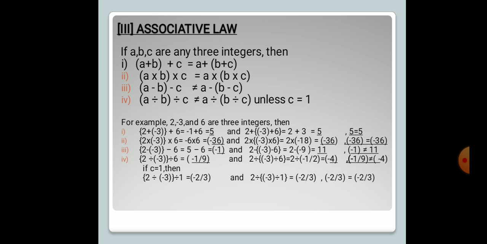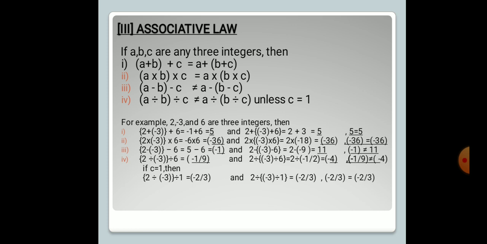We are dividing, not adding: dividing first and second, then dividing by the third one, is not equal to dividing second and third, then dividing the first one by that. They are not equal if c is not 1. Okay, if c is 1, (a ÷ b) ÷ c is equal to a ÷ (b ÷ c), only when c is equal to 1.